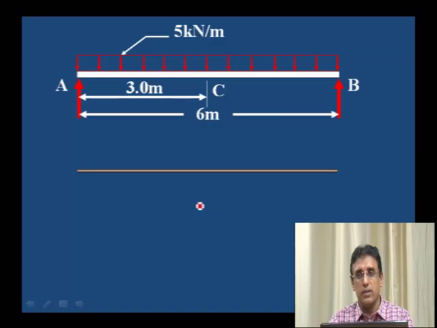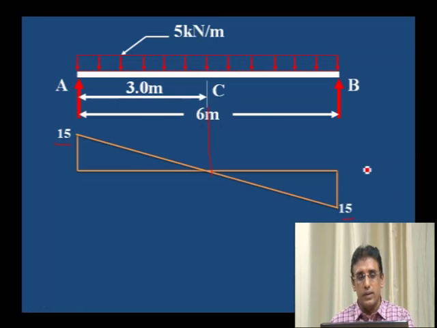Let us draw the shear force diagram. First draw the horizontal line, then 15 kilonewton downward, 15 kilonewton here plus, here minus. This is the RA value on the left side, RB value on the right side. Then at C point it is 0.